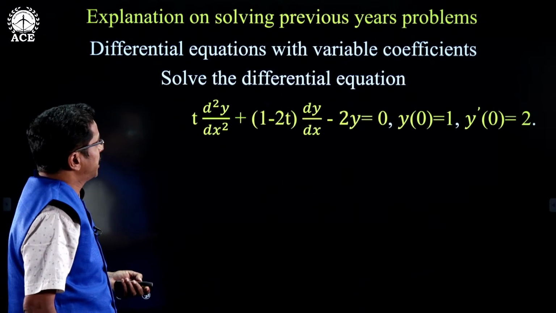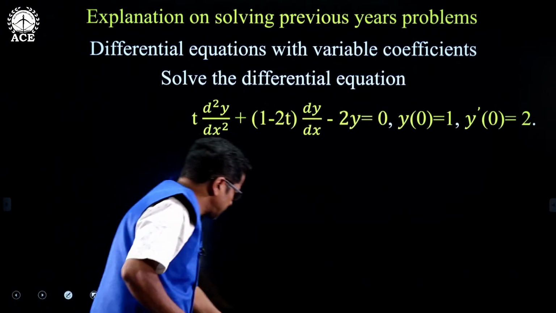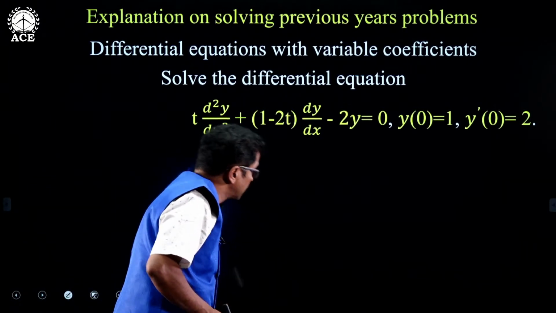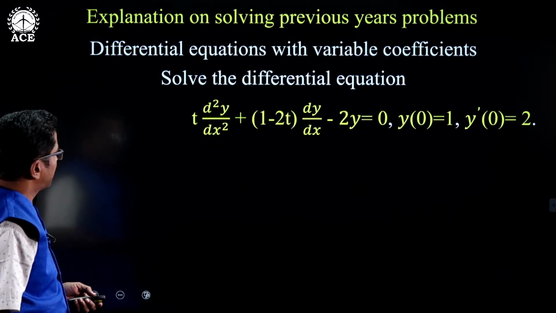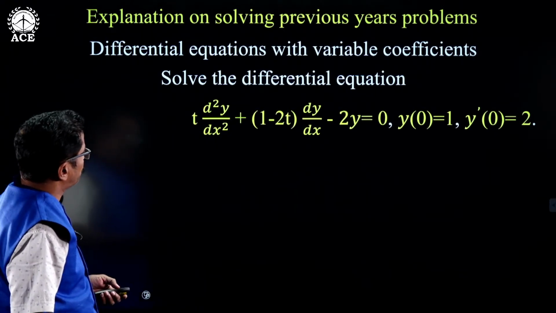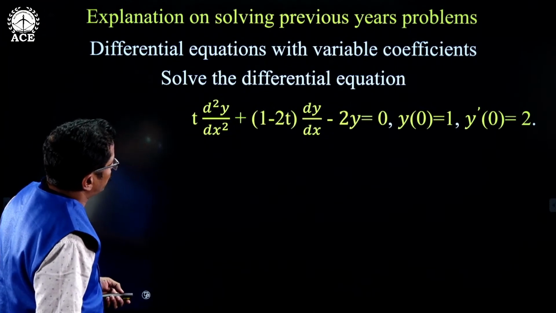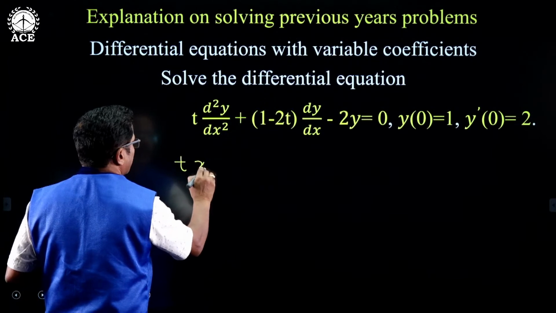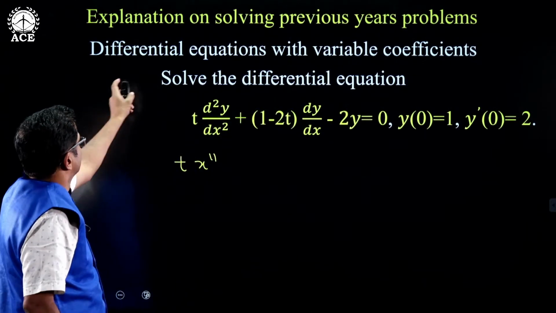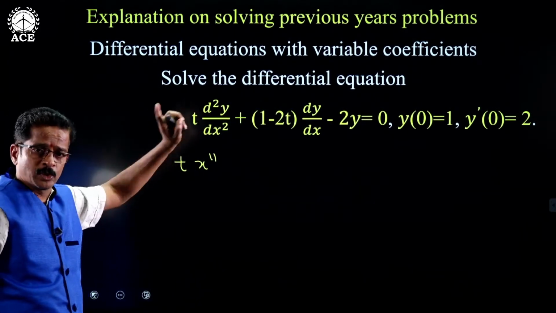Next is variable coefficients. t into d square y by dx square plus 1 minus 2t into dy by dx minus 2y is equal to 0. It means t into y double dash, a differential equation with variable coefficients.